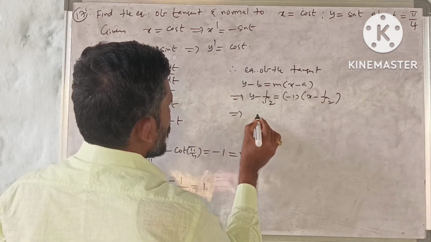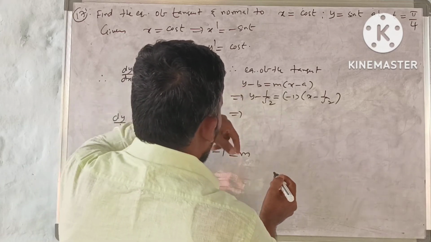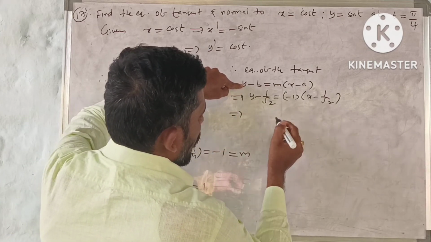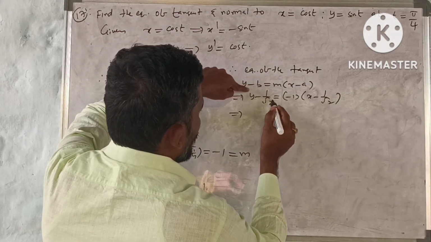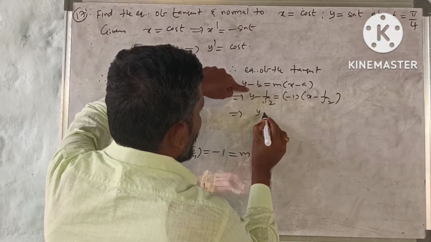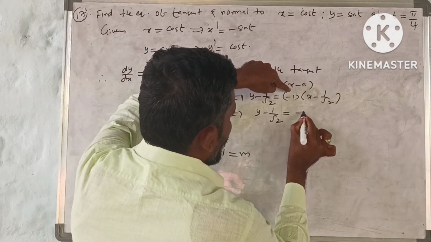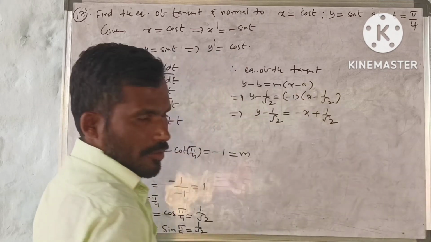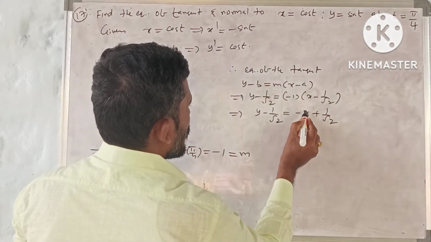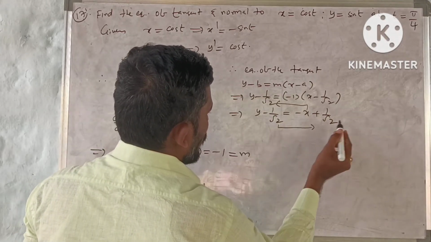So this implies y, I am taking when cross multiplying here. It is possible, but the cross multiplication is not needed here. So y minus 1 by root 2 equal to, when I take the minus inside, minus x, minus into minus plus 1 by root 2. So this minus x I am taking to the right side, and this minus 1 by root 2 I am taking to that side.